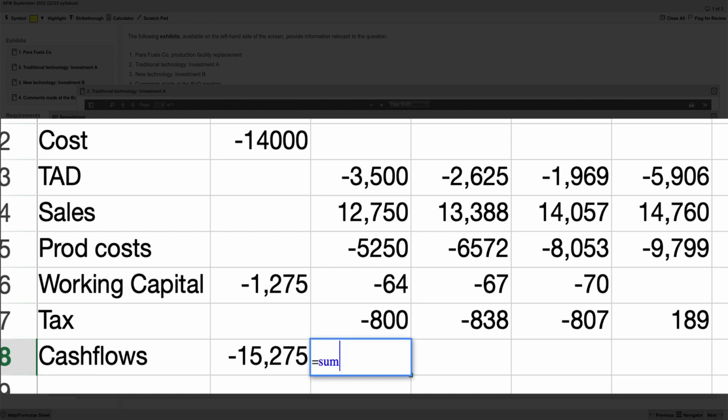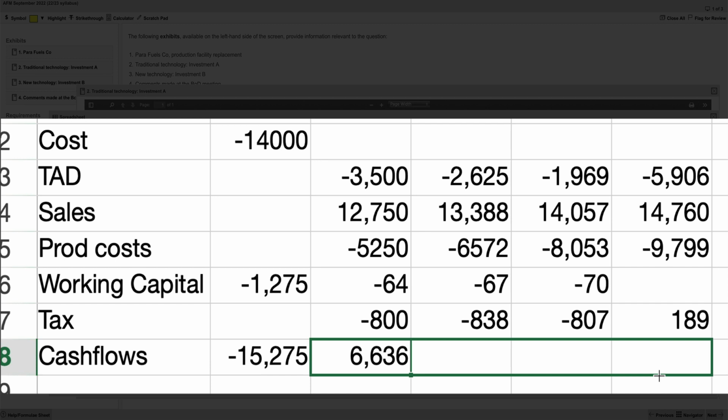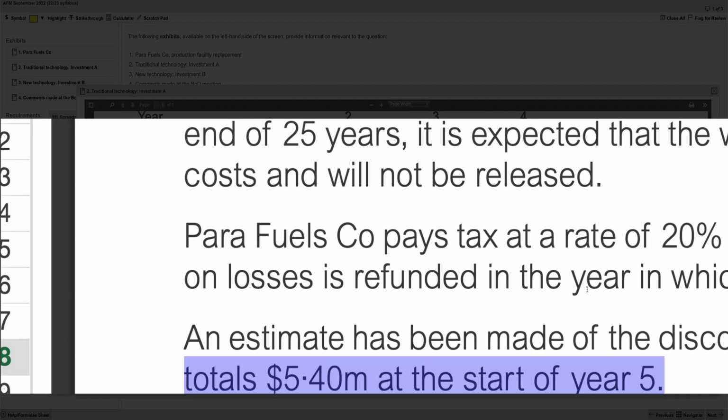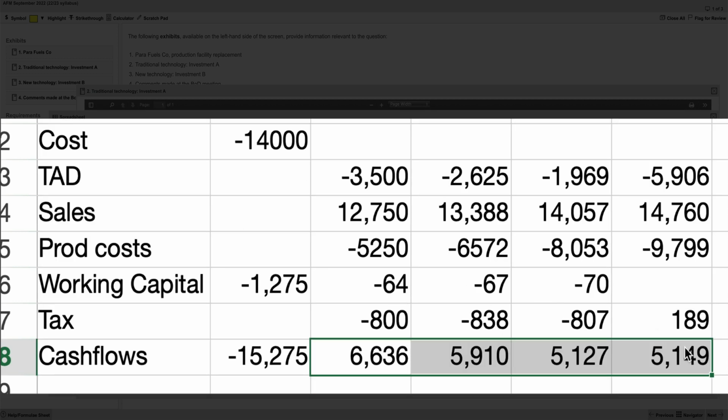Don't include your tax allowable depreciation because it's not cash, is it? So for that down to there, and then once you've done that, get it all across. But it did say at the start of year 5, the cash flows for year 5 to 25 is 5.4 million discounted down at the start of year 5. So I need to put that in. Start of year 5 is the end of year 4, isn't it? So I just need to put that in, another 5,400 there.